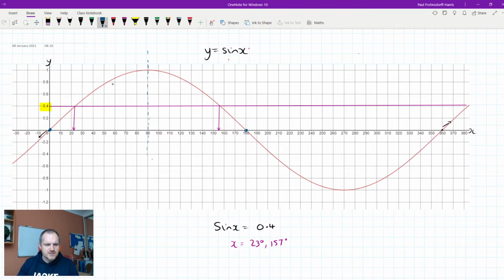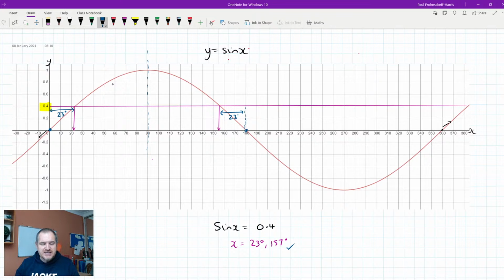This distance of 23, if we've got it right, should be the same as this distance here to 180, because that's where the mirror is. And let's check whether that's right. 180 minus 23 is 157. We know we must have got it right. And you can do it that way, actually. You don't even have to read the graph for the second one. You can just take 23 away from 180 and it will tell you the correct sort of pair. All the answers come in pairs.